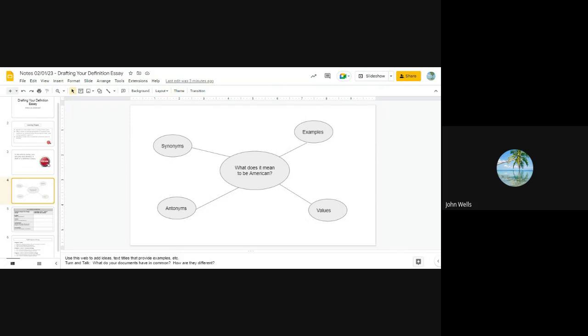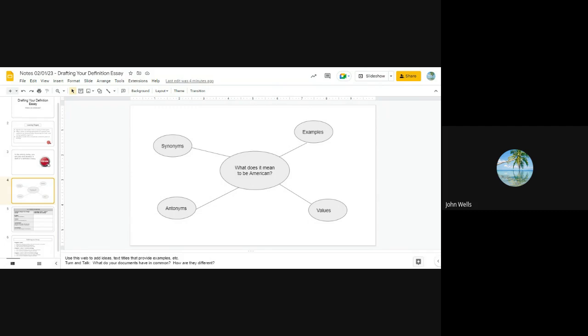Now, I do want you to broaden your view here, because the dictionary definition of an American is someone who lives in the United States. That's the basic definition. But if you look at it in a large worldview, an American is anyone who lives in the Americas, North America, South America. That would be everybody from Canada all the way south into Brazil, Chile and Argentina. So I want you to think in concepts, not in actual practical terms, okay?